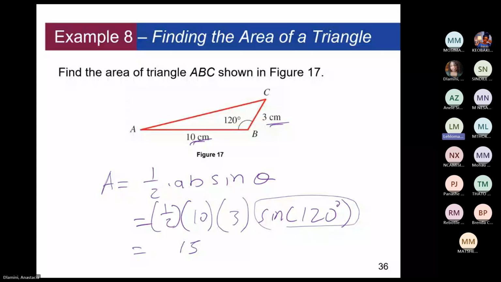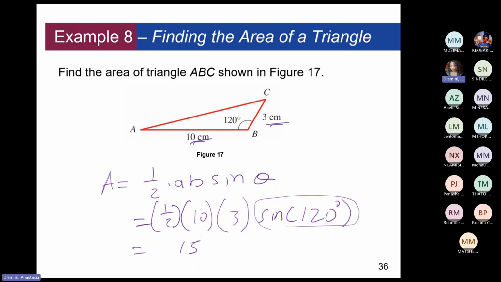It's root 3 over 2. Now look at this. We're looking at degrees, so talk degrees. You can't say root 3 over 2 first. Talk degrees.